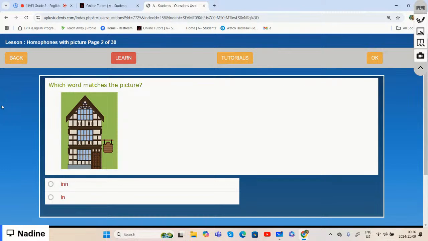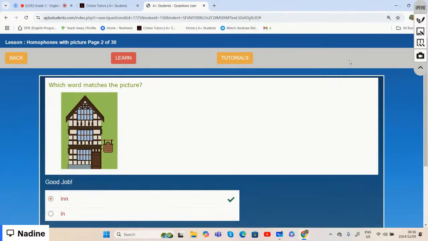And if we were to match the word with the picture, then yes, we go with option one. Back in the days, a hotel or motel stay, we called it an inn. I double N. Well done.